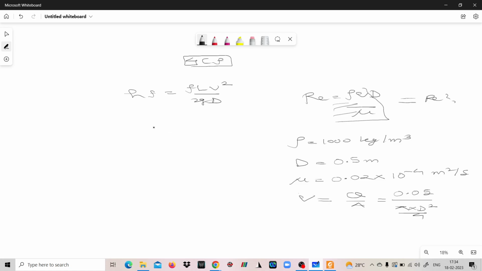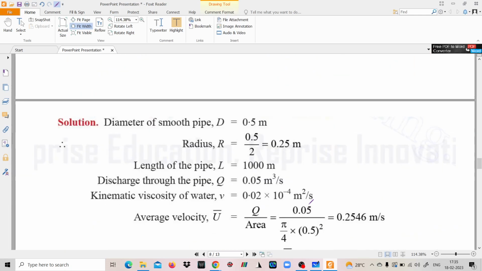But the problem is, in the question, f or Cf, nothing is given to you. So how can you determine it? You can definitely determine it, because there are many equations available which relate this friction factor with Reynolds number, as well as pipe roughness.